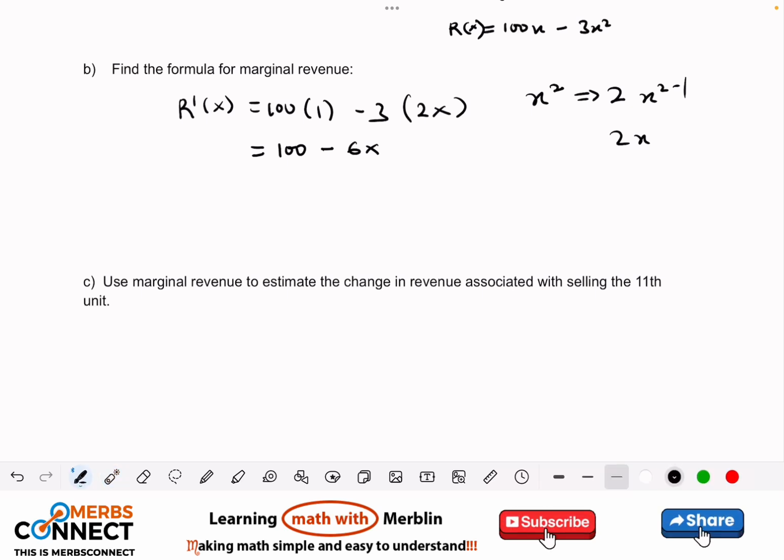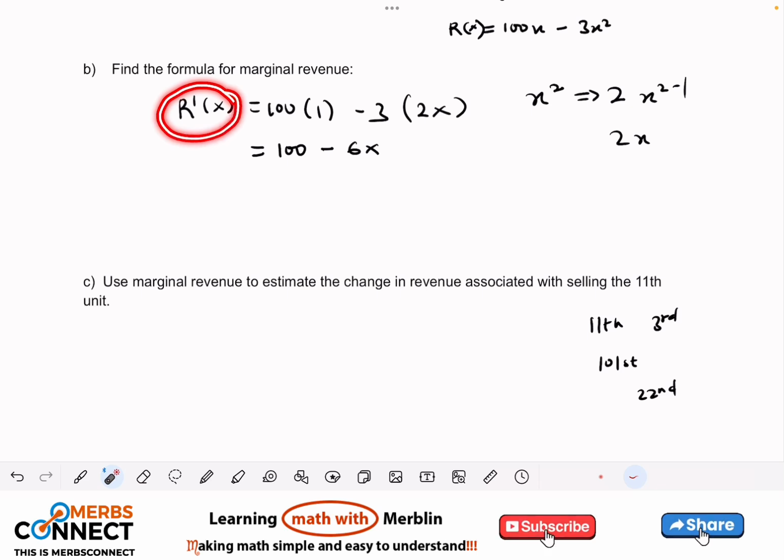But note this, anytime you have something like this 11th, let's say the third, 10th, or maybe the 22nd, and you are going to use the R prime, or you are differentiating the function before you plug in, you need to subtract 1 from it before you put it inside.